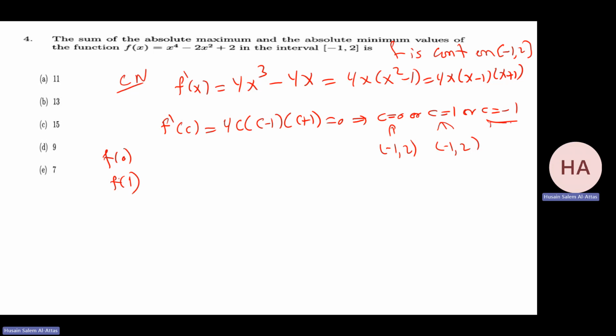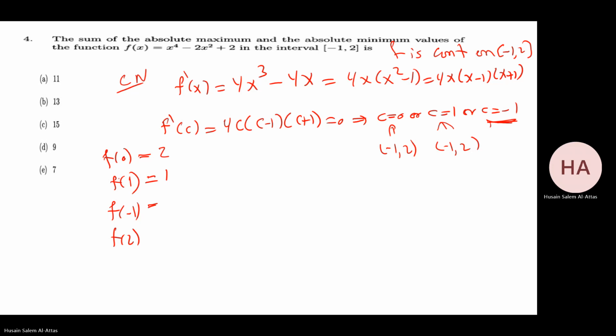By the way, this is a critical number and endpoint, so I check it as an endpoint. F of 0 is 2. F of 1 is 1 minus 2 plus 2, which is 1.